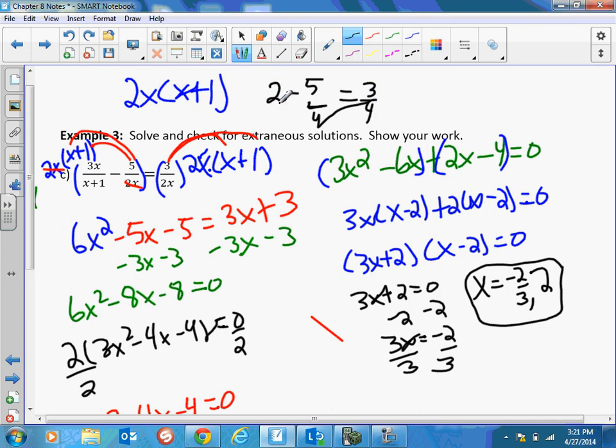Which actually does work. 8 fourths, because 2 is 8 fourths. 8 fourths minus 5 fourths is 3 fourths. That does check out. And you could plug negative 2/3 in. That would take longer, but it doesn't make any of the denominators go to 0, so I'm going to assume that's not extraneous, but we can check that also in class. Just don't have enough room and enough time to do it on here.